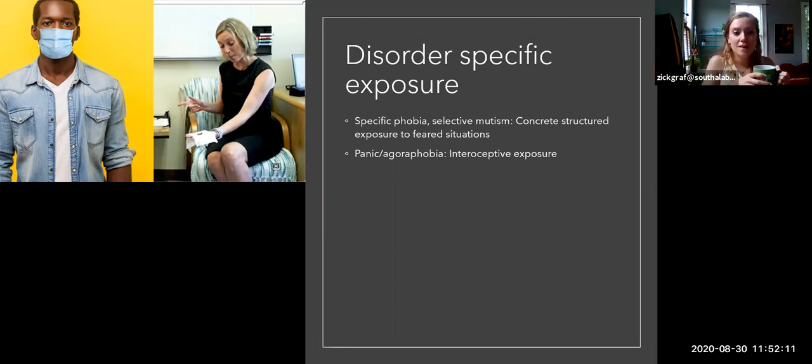So for someone with panic disorder, going around in a mask, maybe exercising in a mask, so experiencing that interoceptive feeling of difficulty breathing in the absence of an actual panic attack. So exposure to that conditioned cue in the absence of real anxiety is a form of exposure.